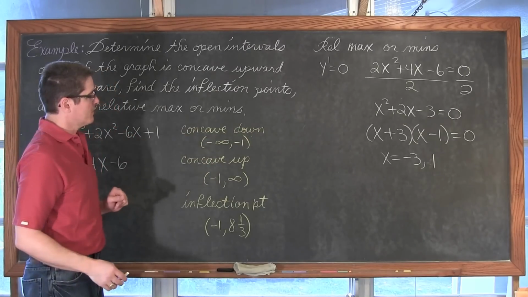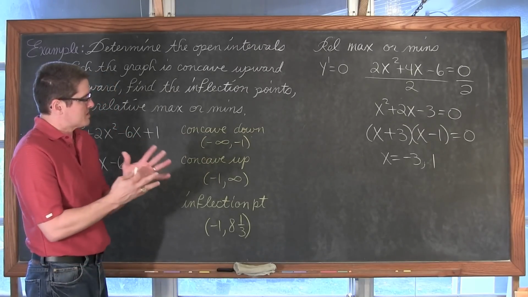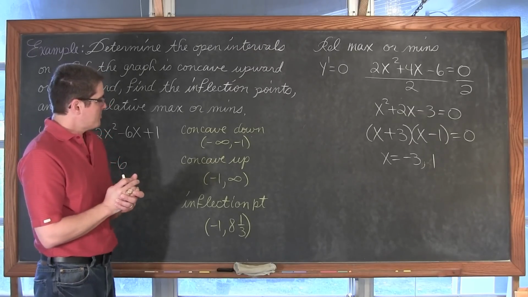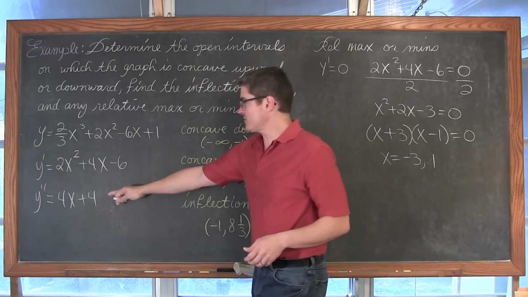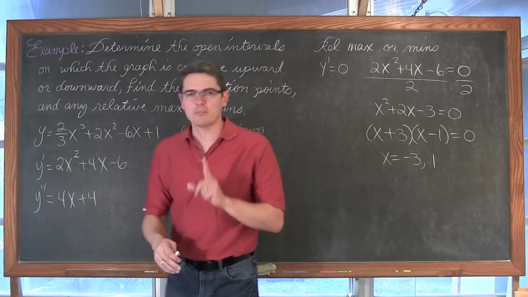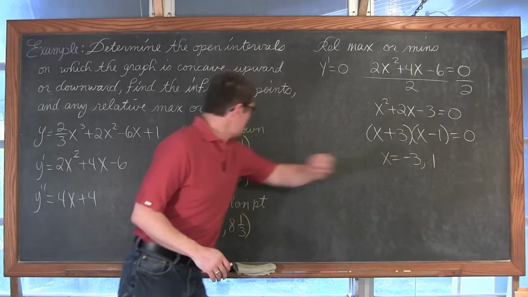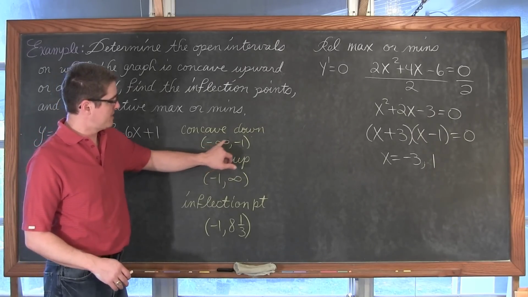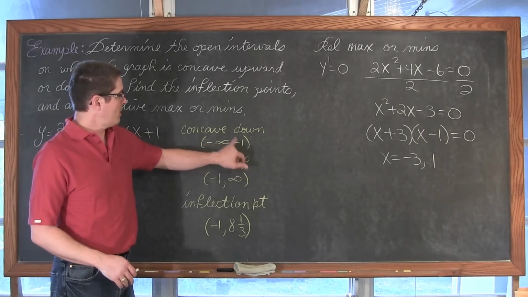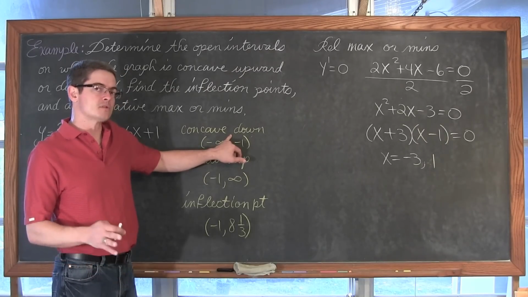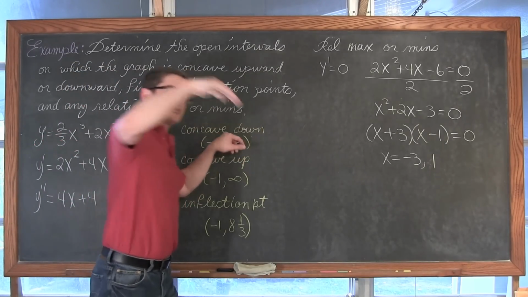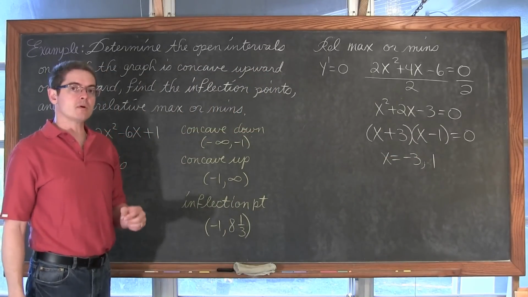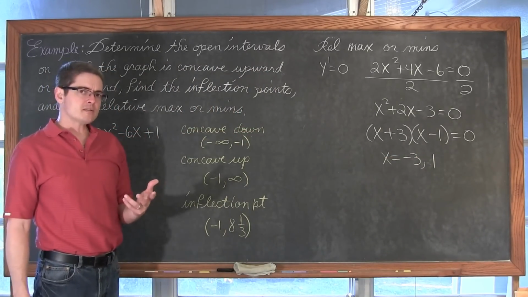So I'm going to take that value of negative 3 and decide, is it a relative min or a relative max? I can plug it into the second derivative, which is 4x plus 4, but negative 3 is in the interval of negative infinity to negative 1, where the original function is concave down. So if the function is concave down and somewhere in that interval, negative 3, the first derivative is equal to 0, then I've kind of already done the second derivative test.